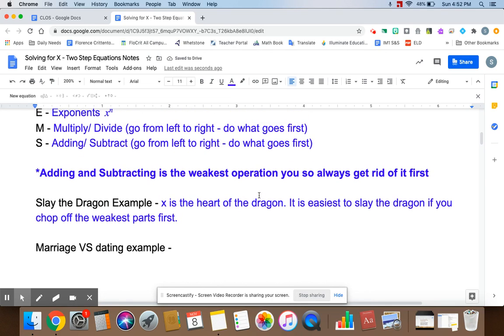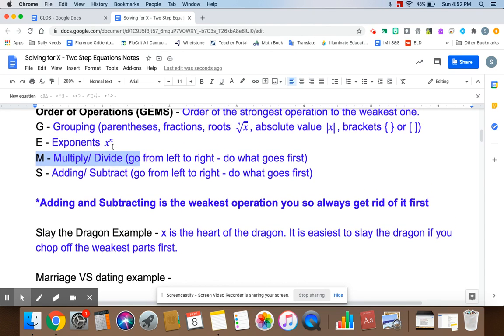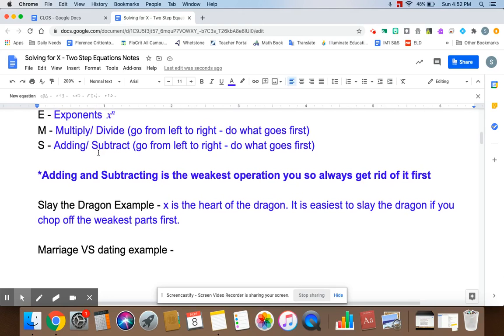So it's a lot easier to chop off maybe the tail or the hands before getting in closer to the heart, which is X. So adding and subtracting is the weakest. So you're going to want to get rid of that before you get rid of the things that are being multiplied or divided to X, or before any of that grouping or exponent. So that's one way to think about it.